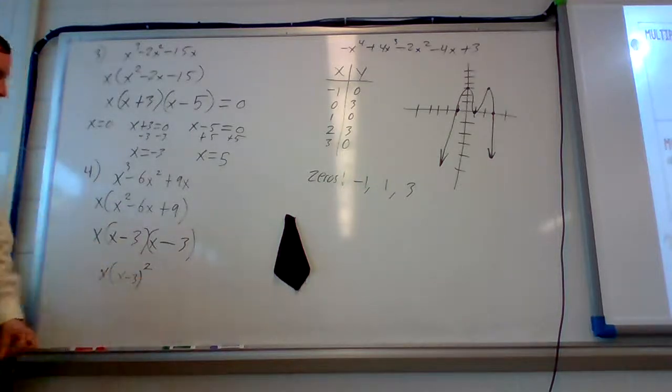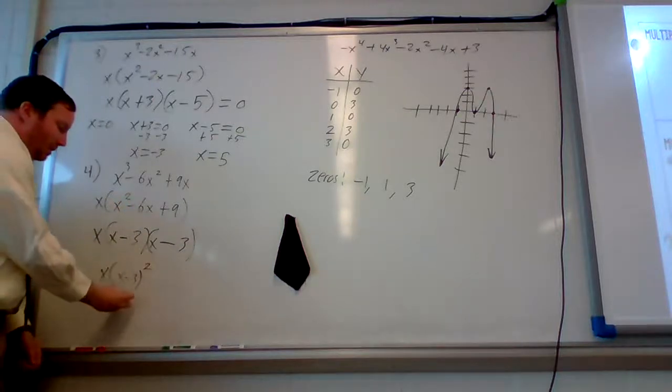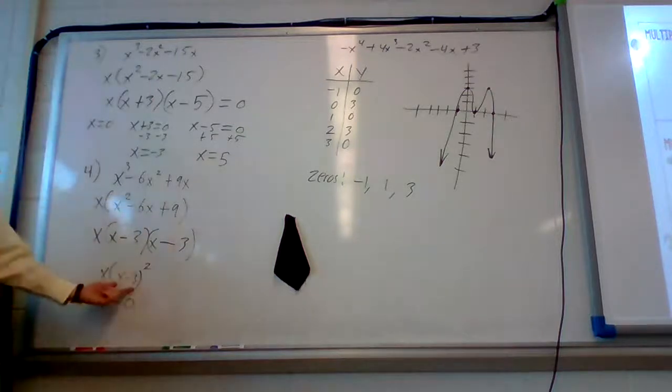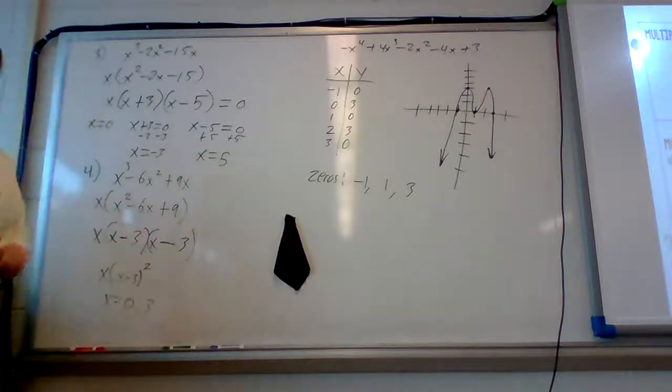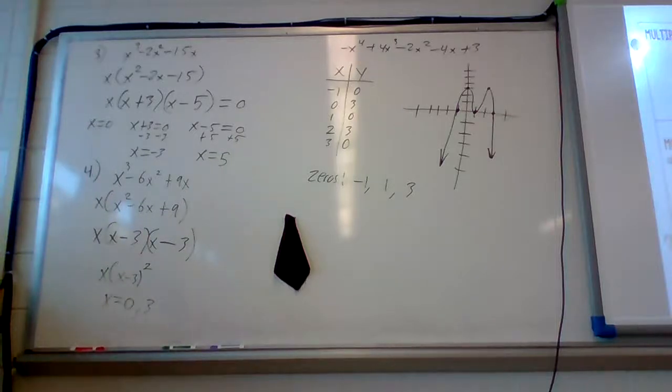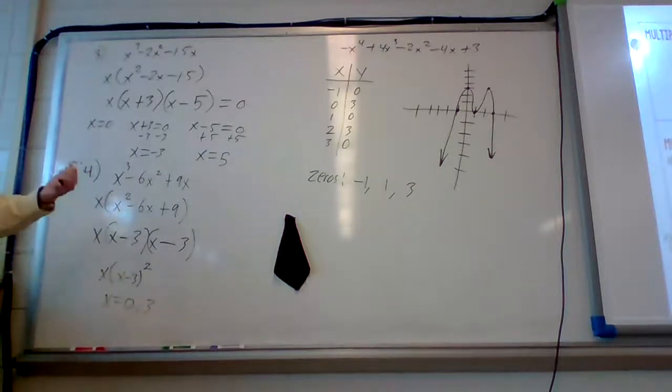Our zeros, again, we set each factor equal to 0. So we've got x equals 0. If I set x minus 3 equal to 0, what does my x equal? 3. Okay. Whenever we have a multiplicity, we don't want to just say 0 and 3, because that's leaving out information, right?